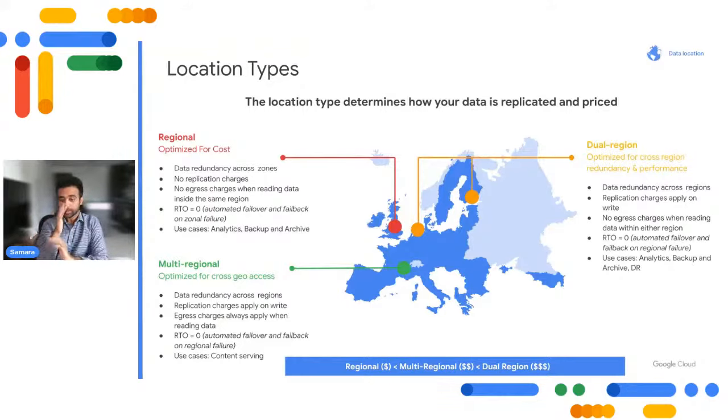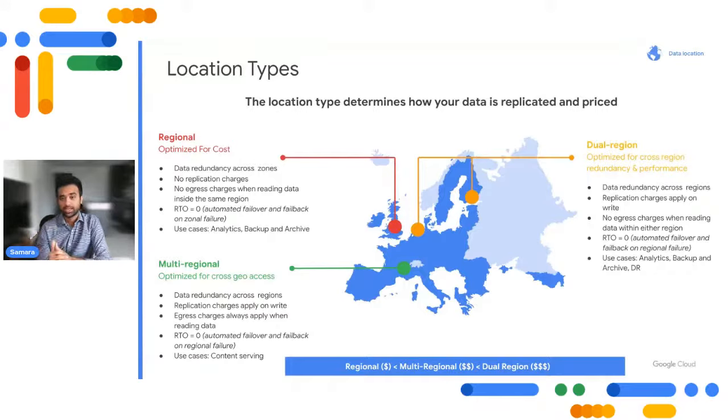The second location type is multi-regional. So here, data is made geo-redundant across these regions within a single continent. The key thing is the locations in which the data will be stored is not something that you can choose. Google chooses it on your behalf.